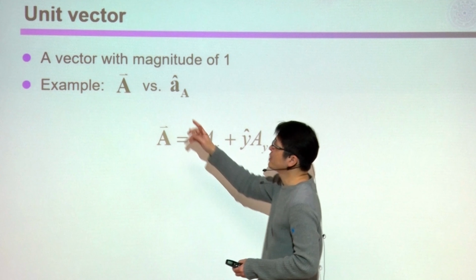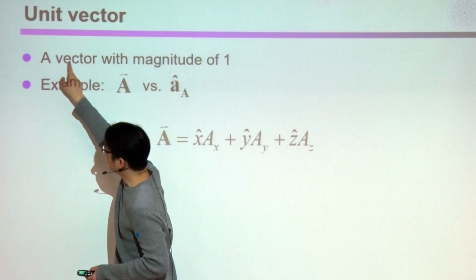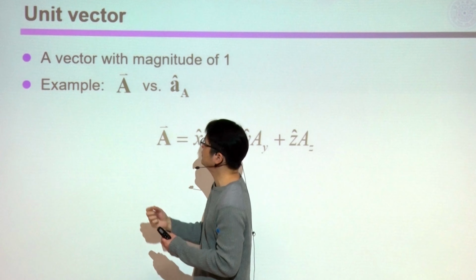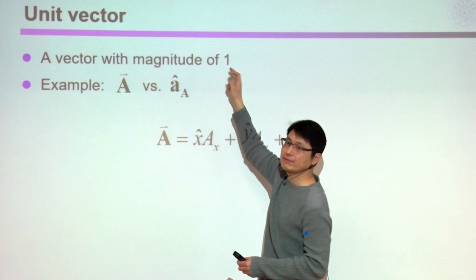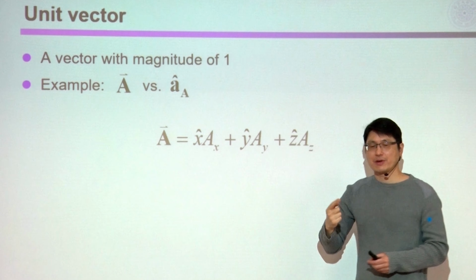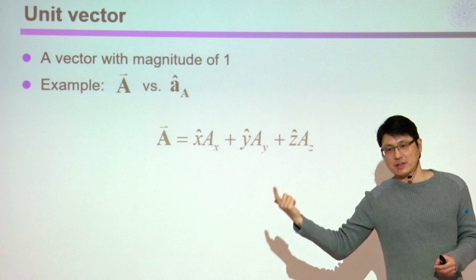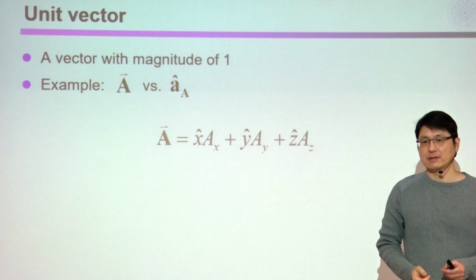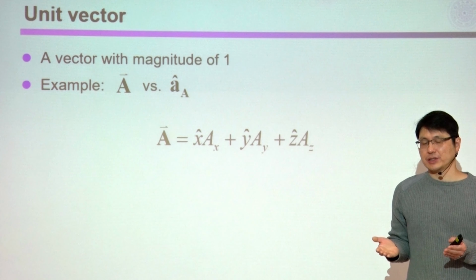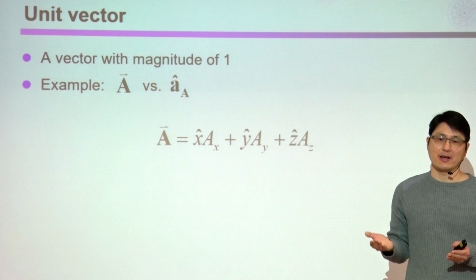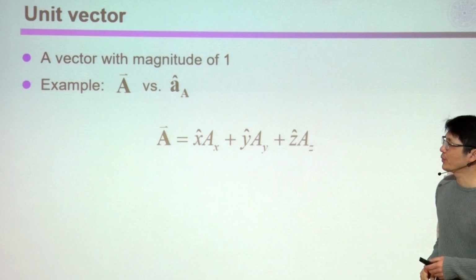Okay? So a unit vector is a vector. It is still a vector, but with a magnitude of 1. So therefore unit, 单位，向量. Okay? So it is a vector, but having a length of only 1. Alright?